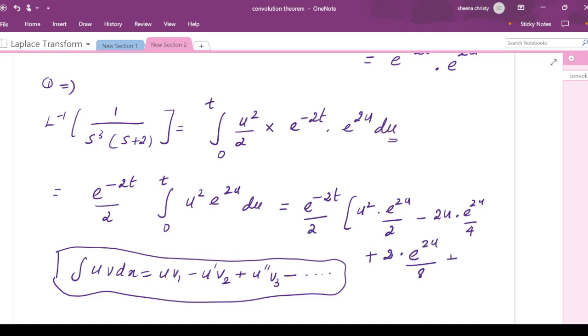Then the next term is going to be 0 because we are going to differentiate 2. So we are going to stop here.